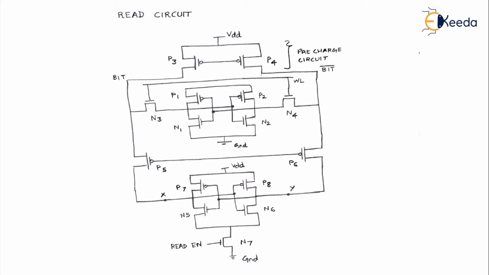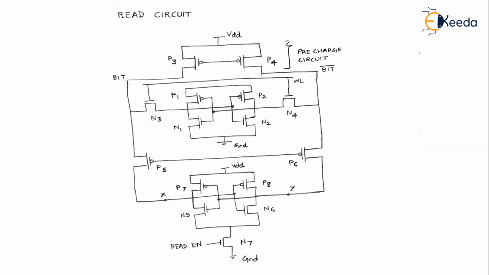Now the read circuit is a new concept. What is that read circuit? I am going to sense the voltage present in the bit and bit bar lines, because I said that bit and bit bar lines act as the output in the read circuitry. So I have to sense what value is present in them by using a sense amplifier.